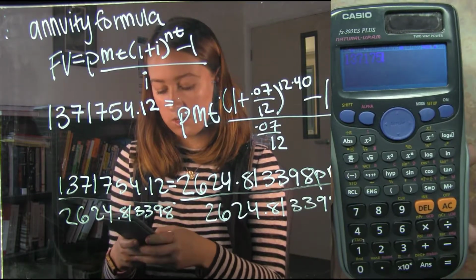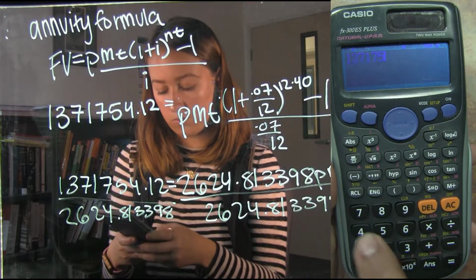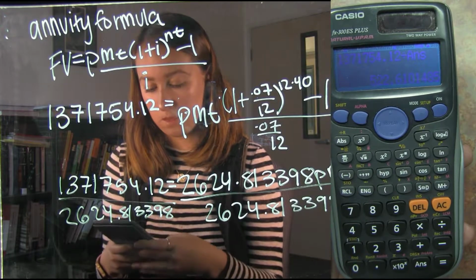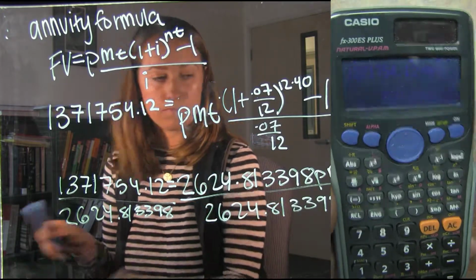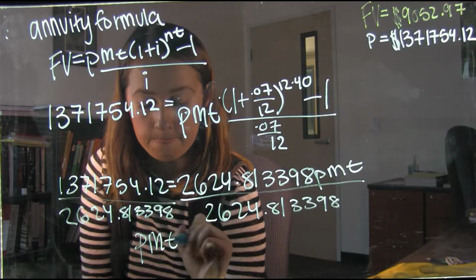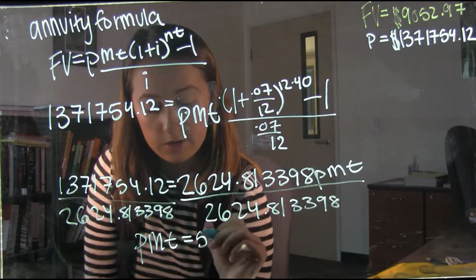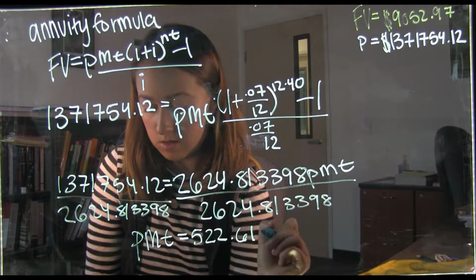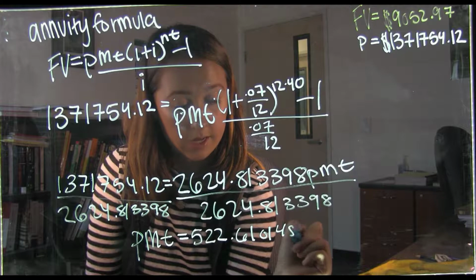1371754.12 divided by 2,624.813398. So then this means that our payment is equal to 522.6101486.